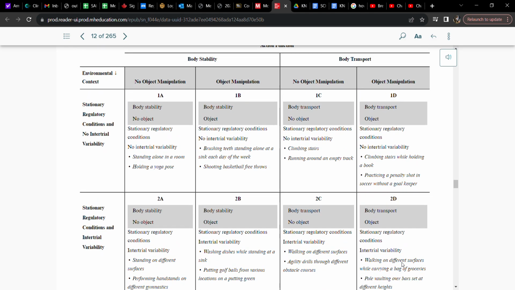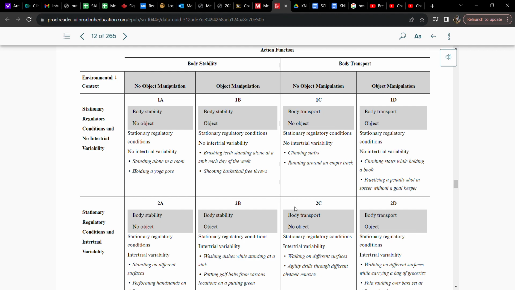Without going through this very extensively, 1A involves a lot of body stability, so you don't really have to move your body. It's stationary. There's no object to manipulate, so you don't have to physically grab or move something. The environment itself is stationary, so you don't have the floor moving or things moving by you. You're basically standing in a box with nothing going on.